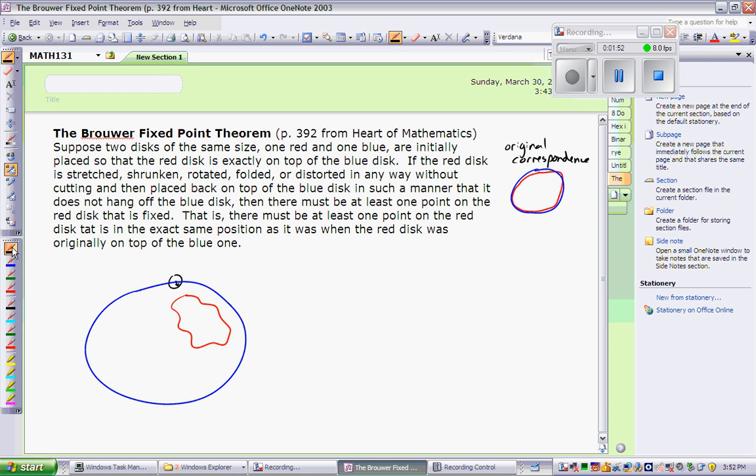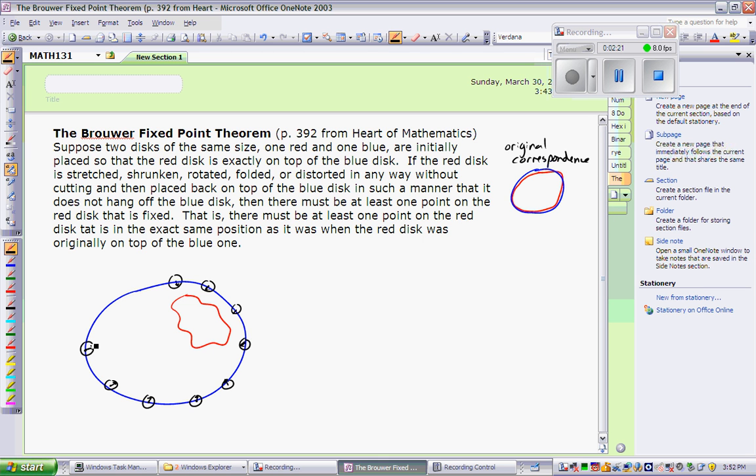Alright, so this point here on the edge is going to be pointing in that general direction because the whole red disk is there. So we basically do this for every point on the edge of the blue disk. And we keep going around, and we want to keep track of how many times that compass arrow is going to go around the compass.